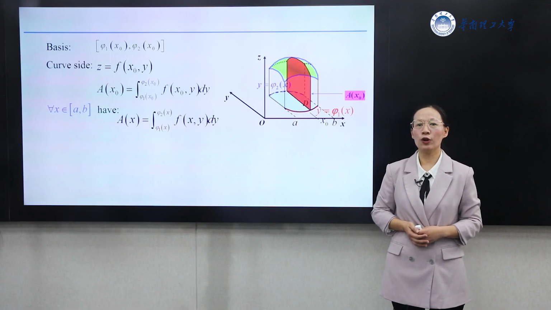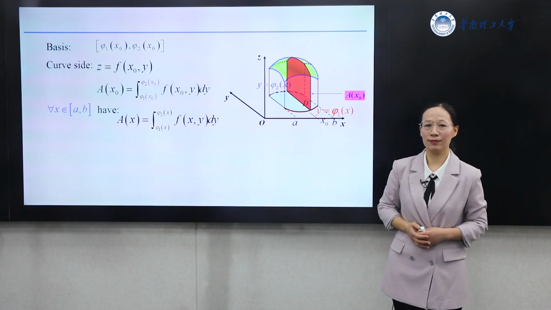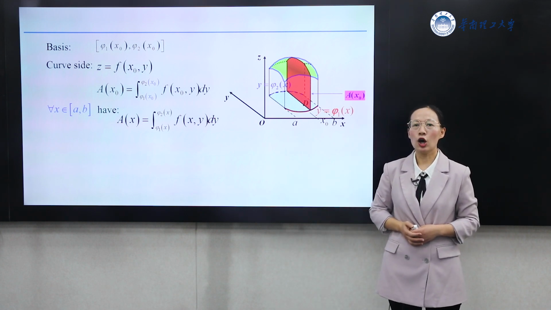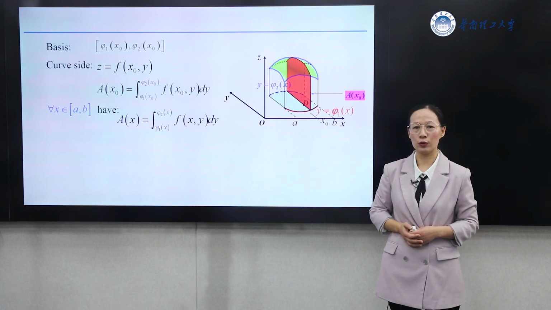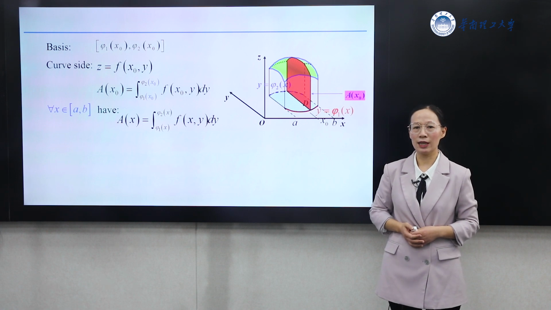Replacing x0 with arbitrary x in the interval [a,b], we obtain this formulation. According to the formula for volume from the areas of parallel cutting planes, the volume of the cylinder is equal to the definite integral of A(x) on the interval [a,b].